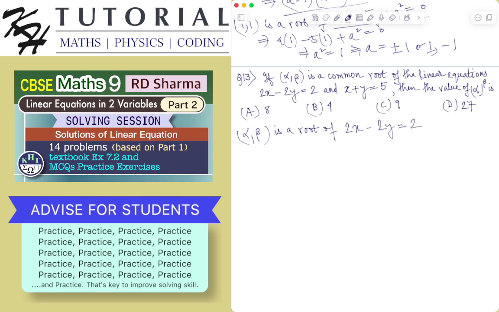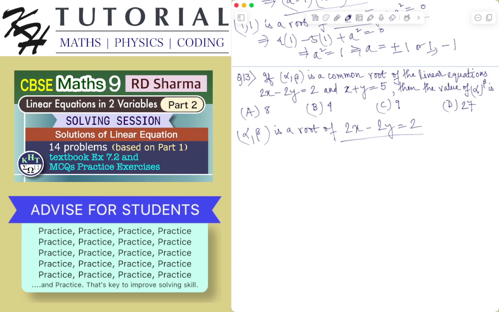Now you can see in this given linear equation, I can easily divide both the sides by 2 and we will get a simpler version of the linear equation, and the linear equation will still remain the same.